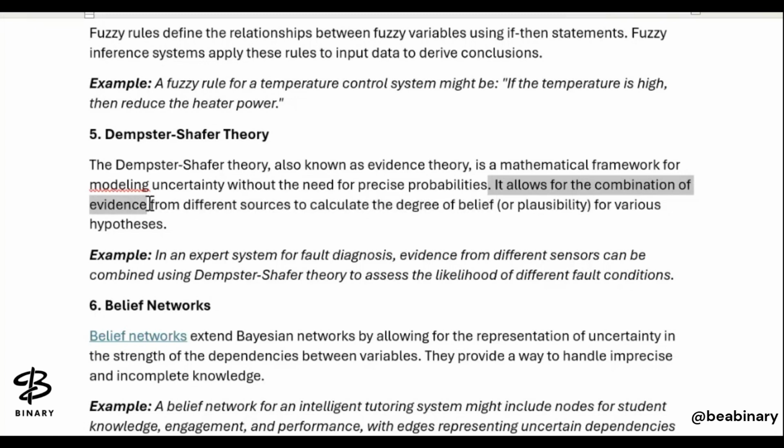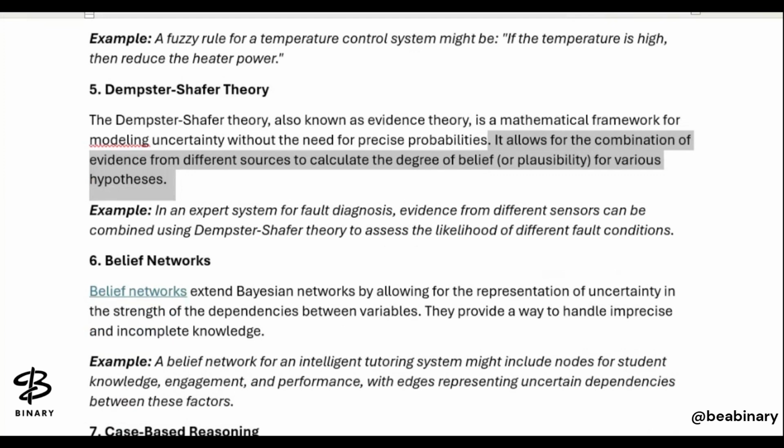We are collecting evidence from different sources to calculate the degree of belief or the plausibilities for various hypotheses. So whatever data we are getting from the different sources or devices, we will calculate the degree of belief by checking that data.